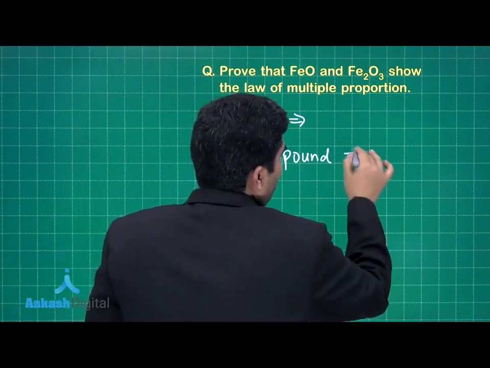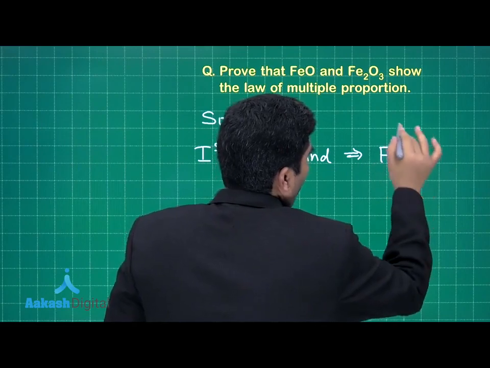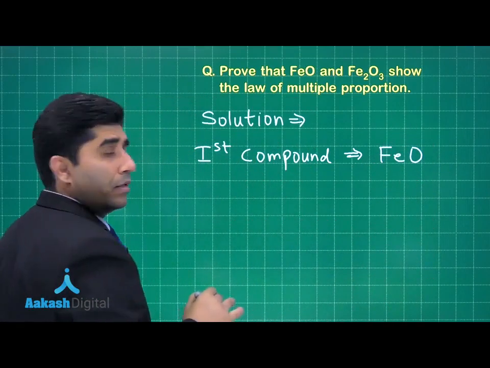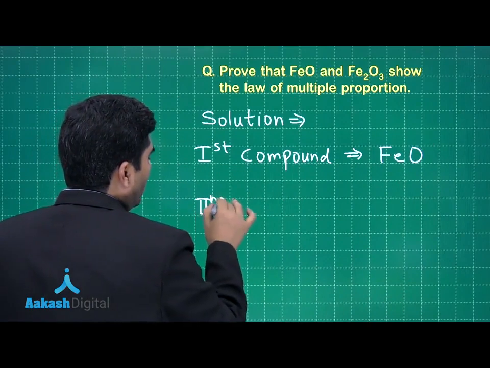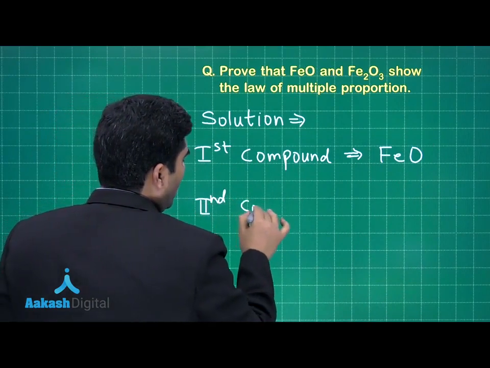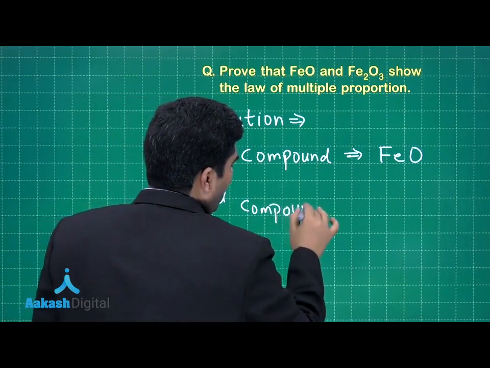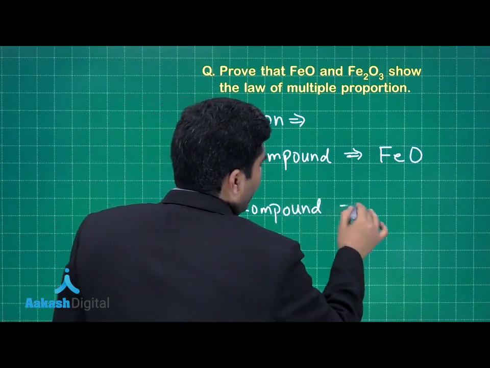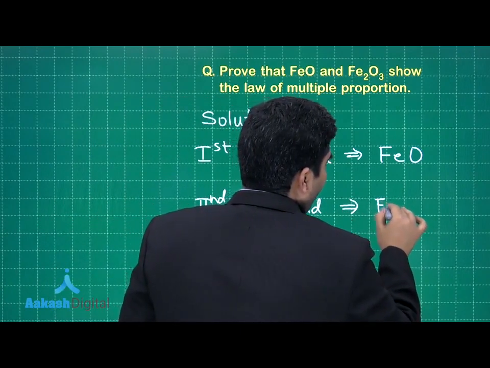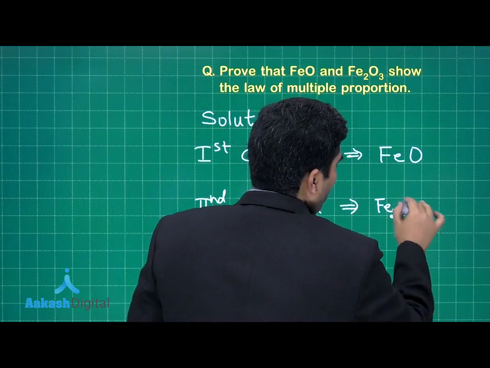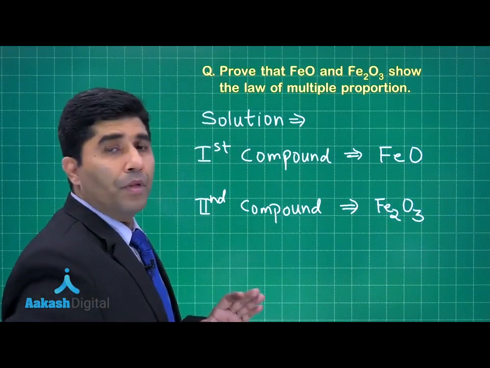So our first compound is FeO, right? And our second compound is Fe2O3, right?